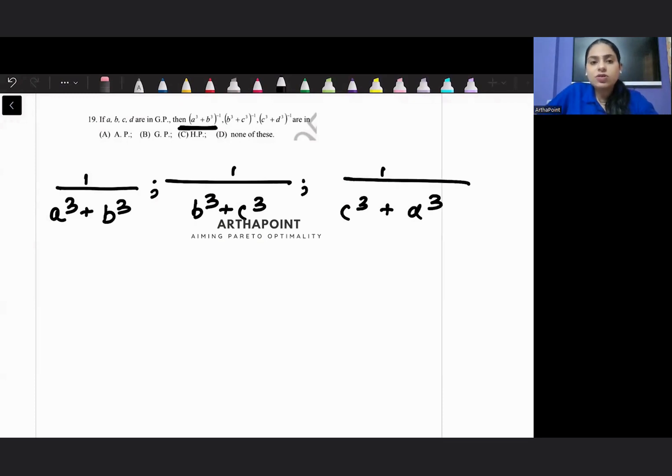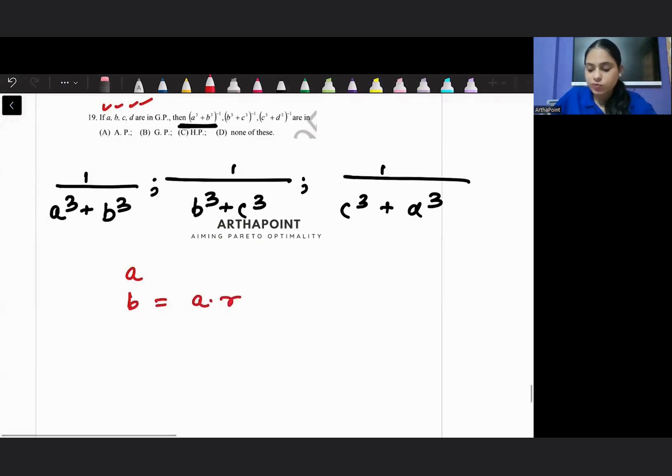So you need to find out whether if A, B, C and D are in GP, then what happens to these terms. Because A, B, C and D are in GP, I can say that B can be A times some common ratio, so AR.